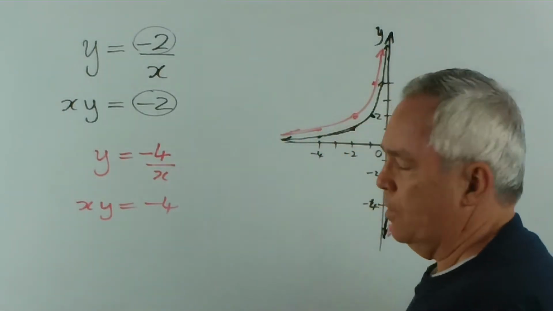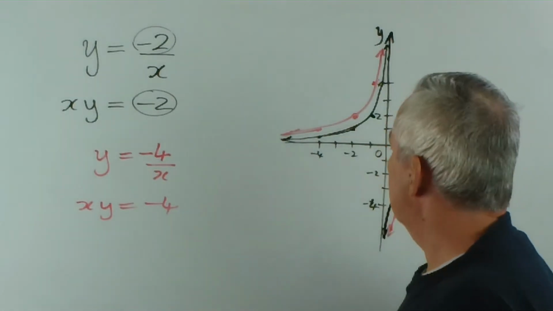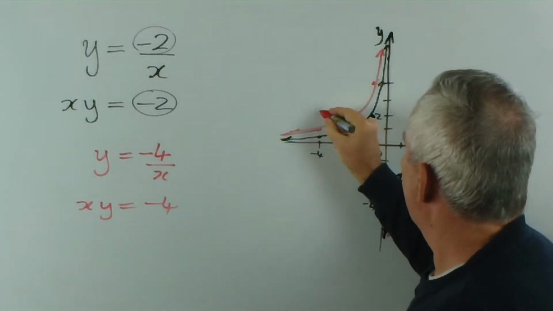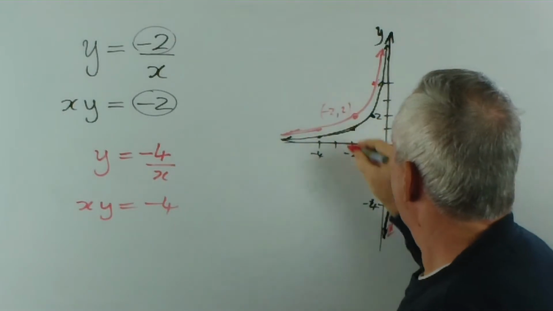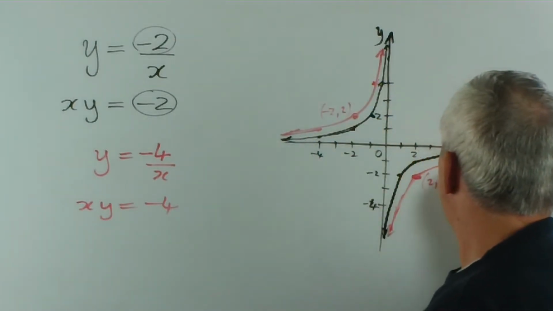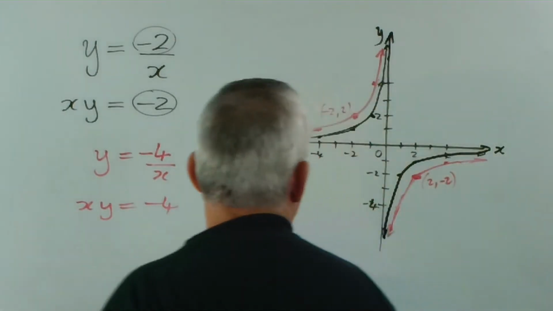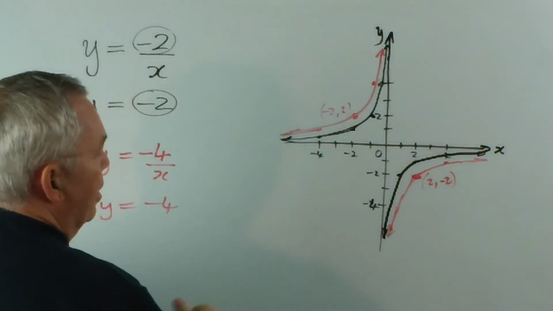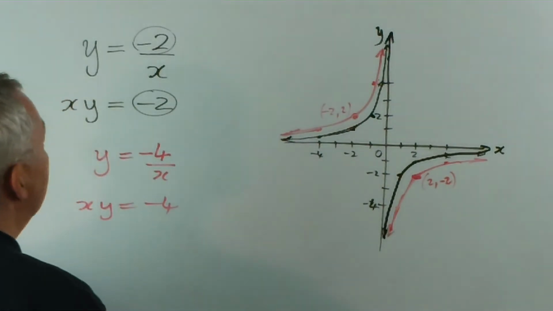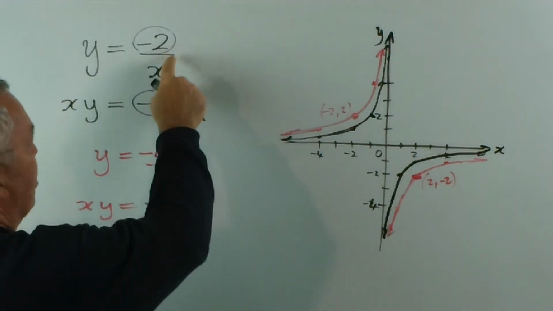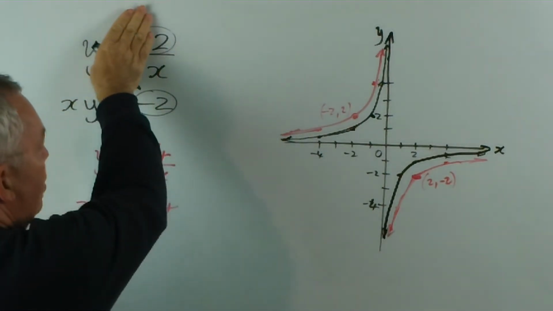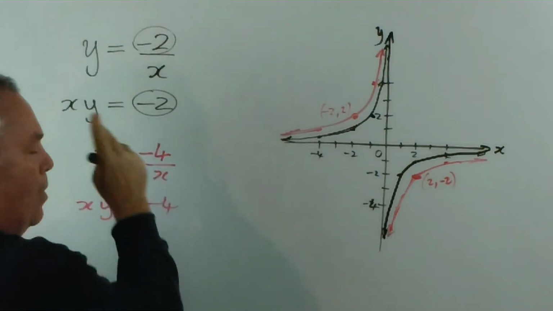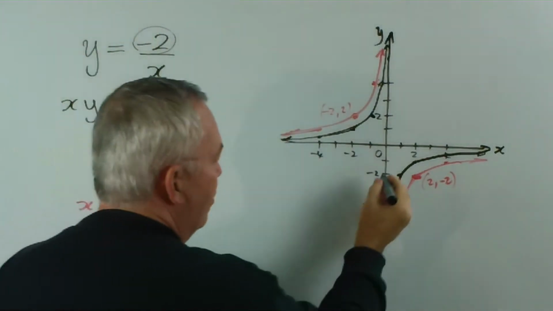It just means that one of the numbers has to be negative to produce this negative value. So here we are at minus 2, 2, and 2, minus 2, as the points of closest approach. With this previous one in black, the point of closest approach would be the square root of 2, but remember that one of the values would have to be negative.